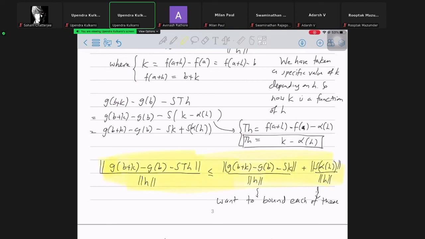So what was the idea? Breaking down this quantity into two parts, estimating each one separately. For each one, the operator norm was useful. And in one case, we had to use the continuity of f to show that when the value of a moves a little bit to a plus h, b also moves only a little bit, from b to b plus k. So as h goes to 0, k goes to 0. So really there wasn't much more than this.